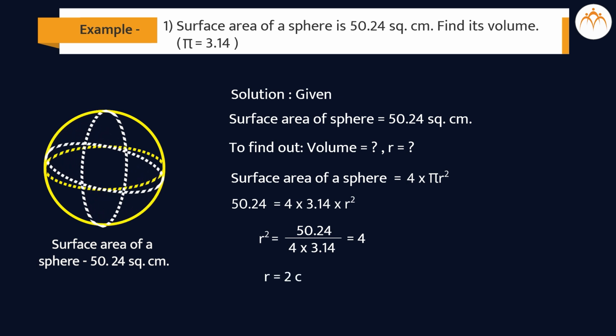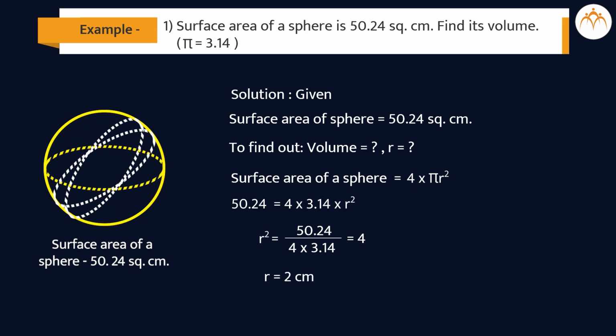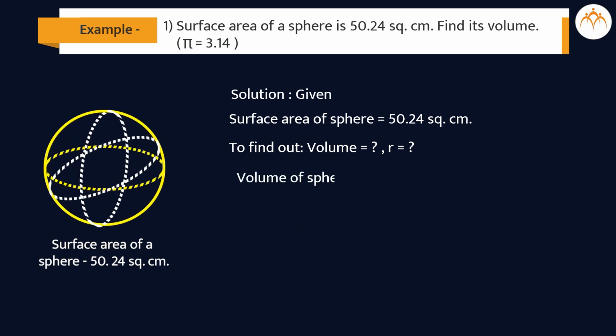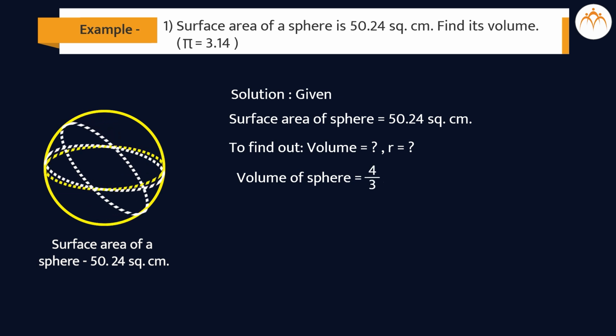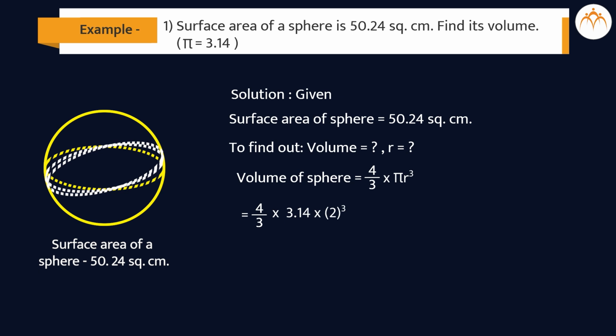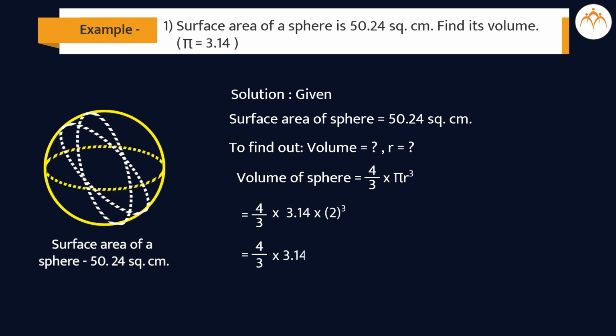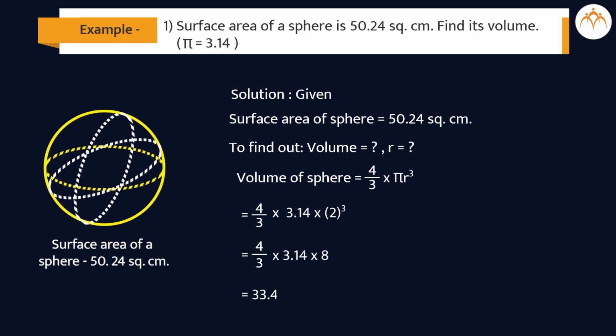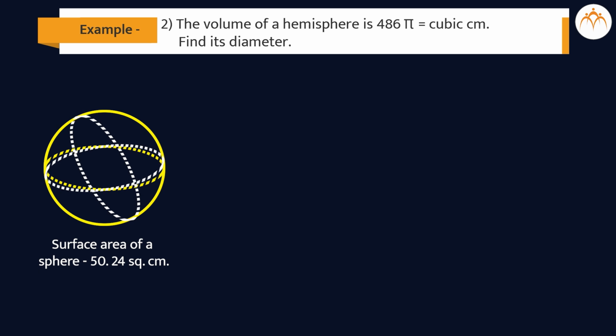Therefore, r is equal to 2 centimeters. Now, volume of a sphere is equal to 4 by 3 multiplied by pi r cube, which is equal to 4 by 3 multiplied by 3.14 multiplied by 2 cube, which is 4 by 3 into 3.14 into 8, which is equal to 33.49 centimeter cube.